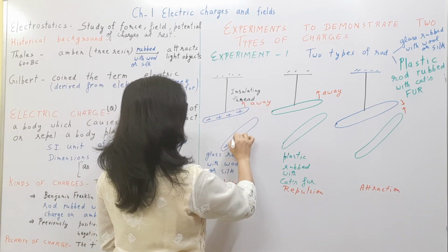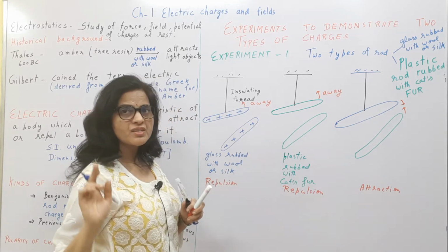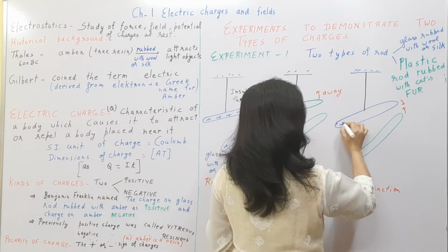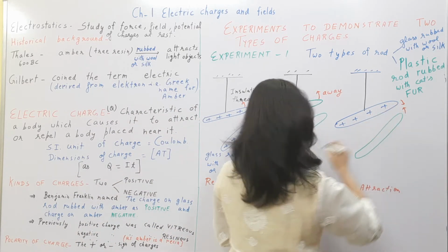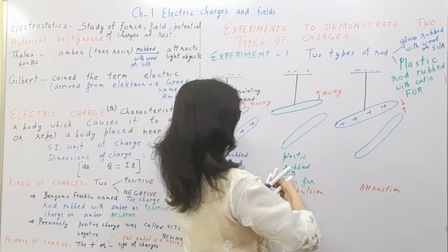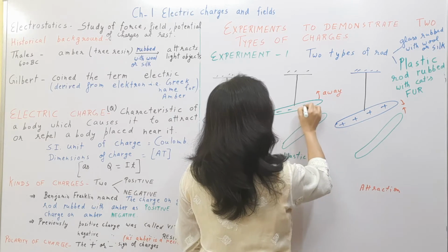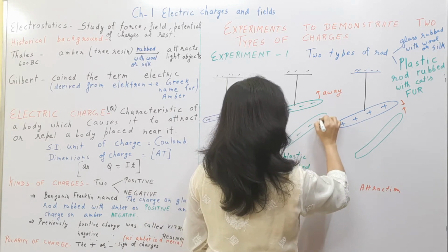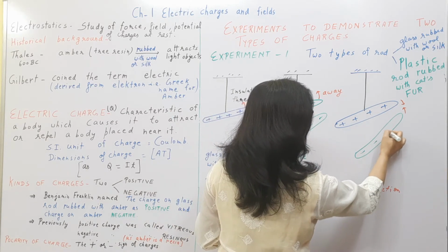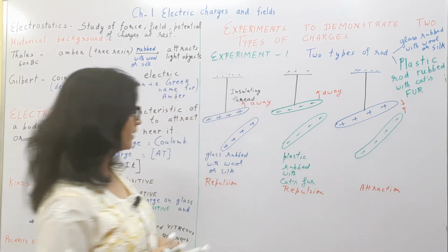Now later it was observed that this glass rubbed with wool or silk has positive charge, and the plastic rod rubbed with cat's fur has negative charge, right?